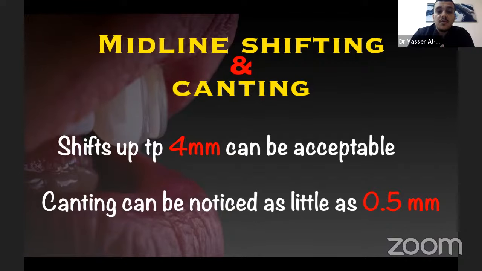The midline shifting means the shift of the midline either right or left, and shifts up to 4 mm, which means 1, 2, 3, 4 mm, can be acceptable, and the eye can look at it as acceptable. But the canting, which means incline of the dental midline, right or left, can be noticed at as little as 0.5 millimeter.